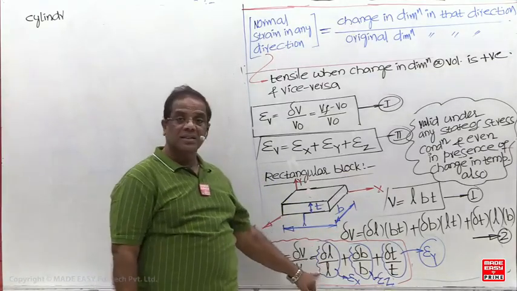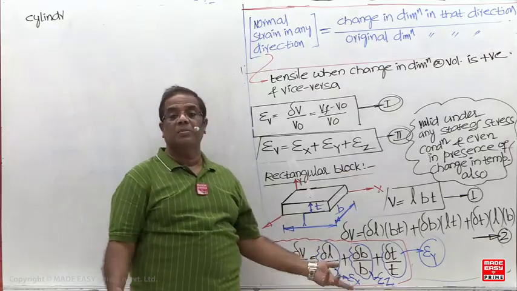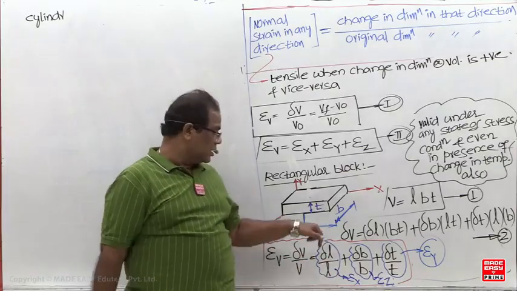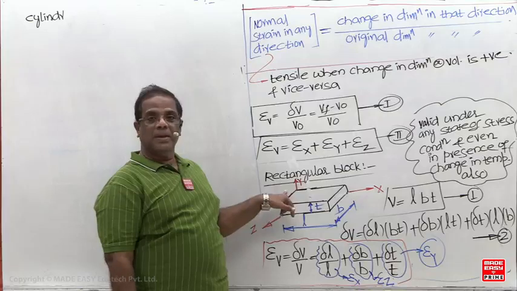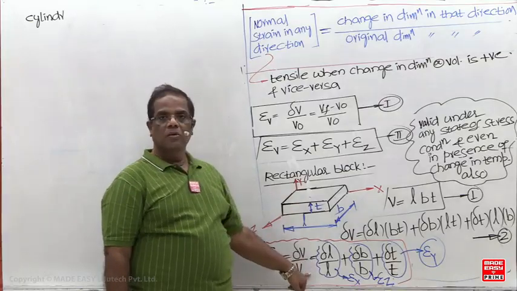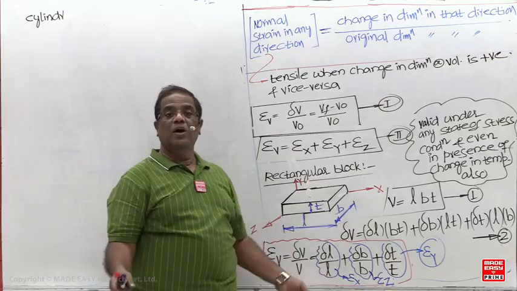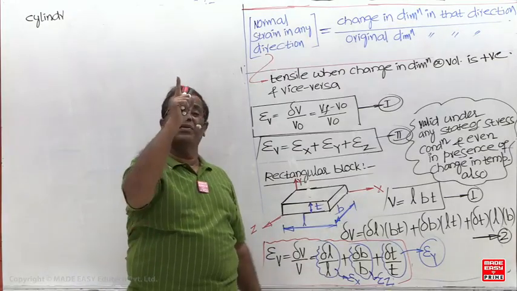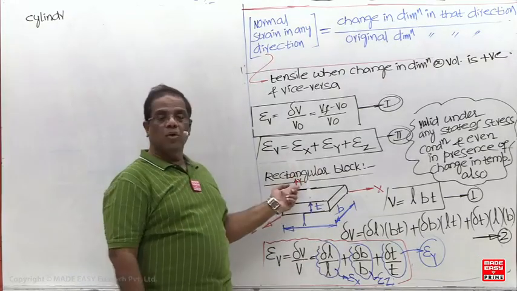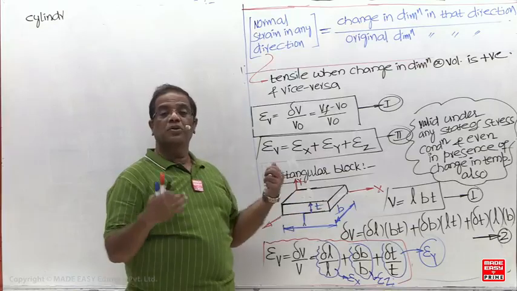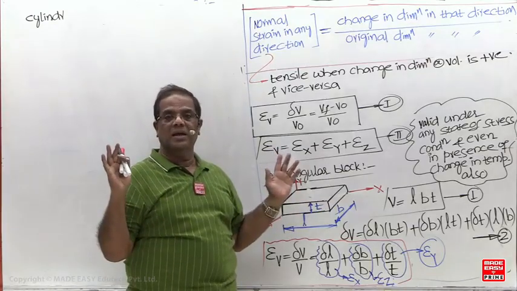So these are longitudinal strain, lateral strain, net strain or thermal strain, depending upon the condition. If there is only change in temperature, there is no longitudinal strain or lateral strain. Longitudinal and lateral strain should be used only when load is there. When there is no load, we cannot use the words longitudinal strain and lateral strain.